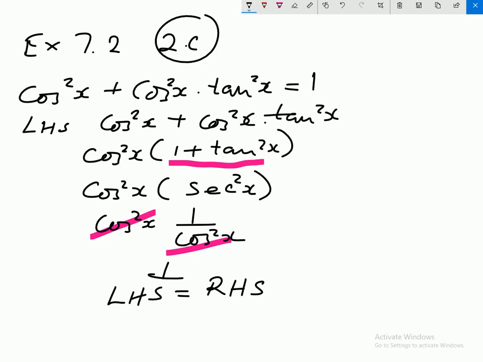If we have time, we will prove any of these problems. Okay, let's see in the next slide. We'll be doing reduction formulae. Okay, good.